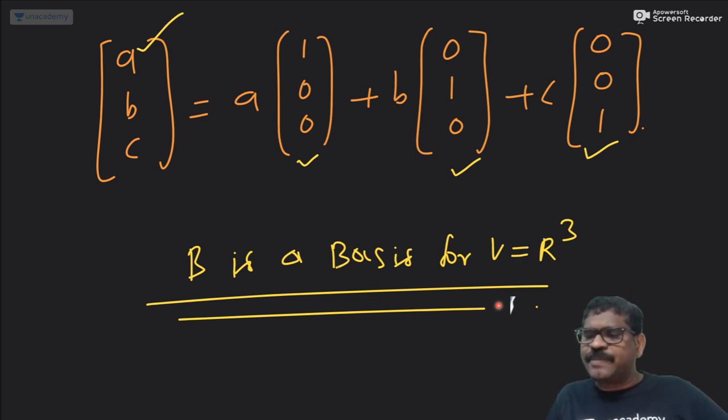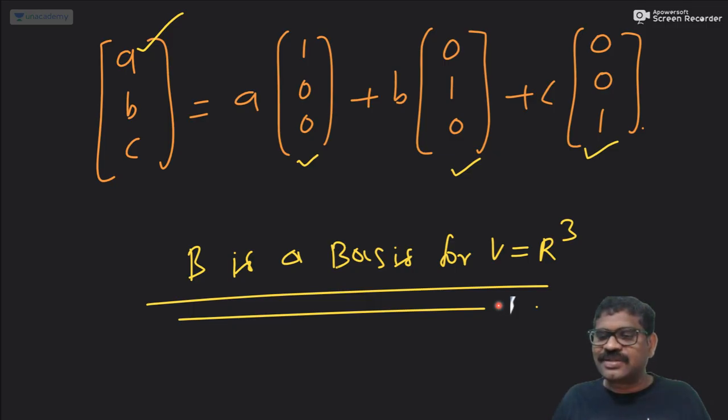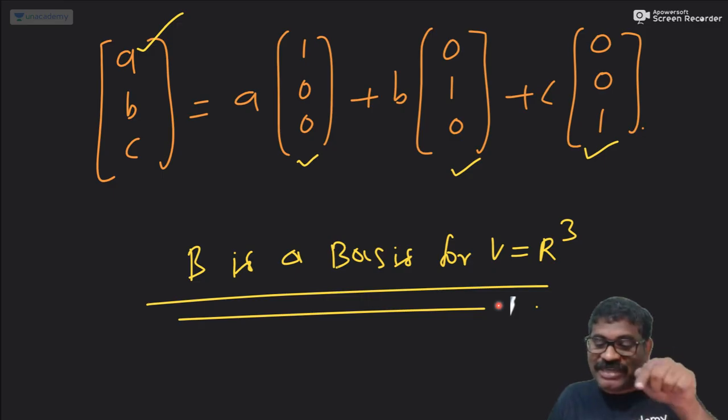Mukherjee, it is not that three base vectors make it R cube. Because of R cube, you have taken three base vectors. Your vector space is three-dimensional, that's why you require three base vectors. Why is a fourth not possible? Time is the fourth dimension.